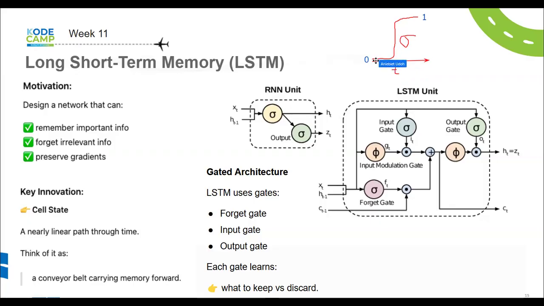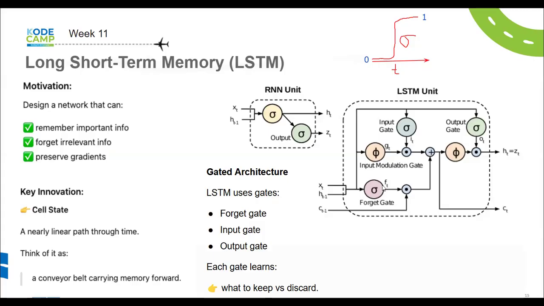So the output will always be zero, right? And for signals it wants to remember, it gives those particular signals weights with high values so that the eventual output comes out high. So the forget gate gives the LSTM the opportunity to learn. There are learnable parameters behind it, right? And we'll see more details about it later.